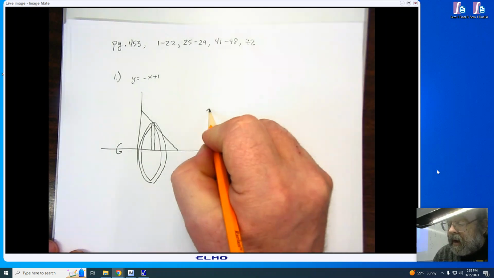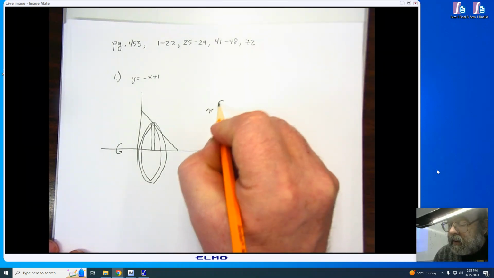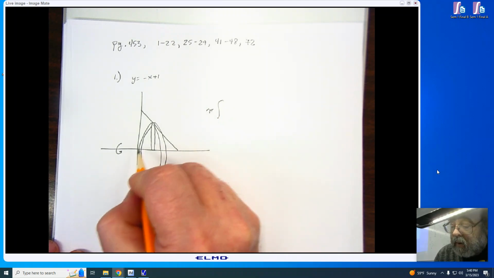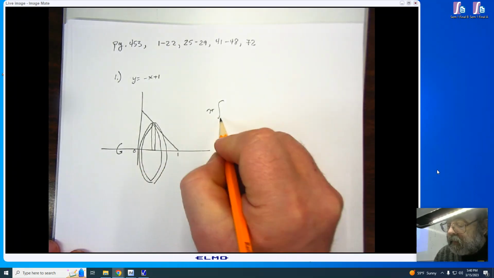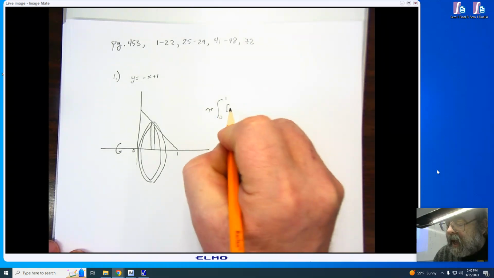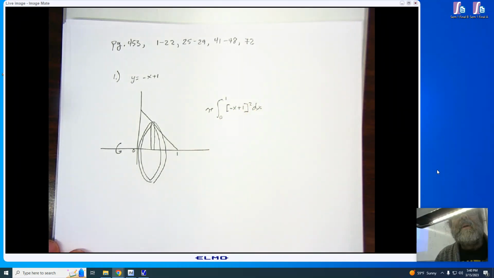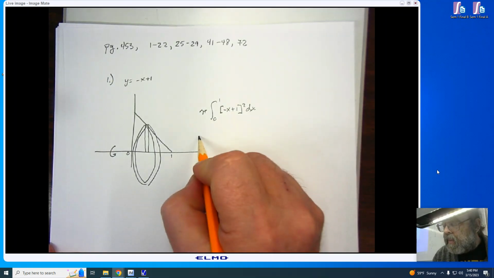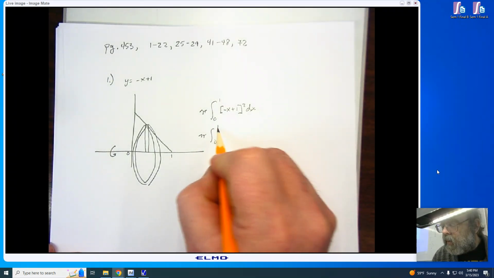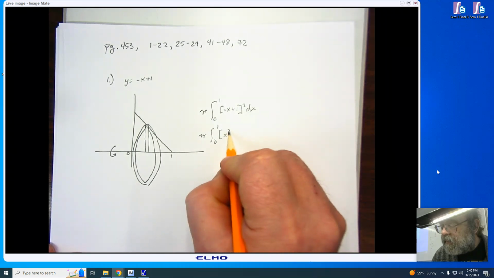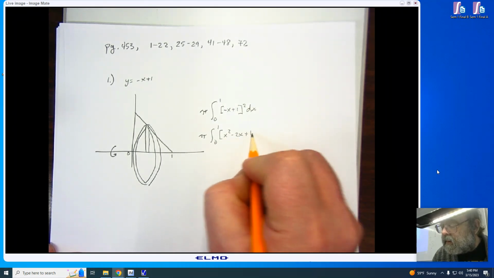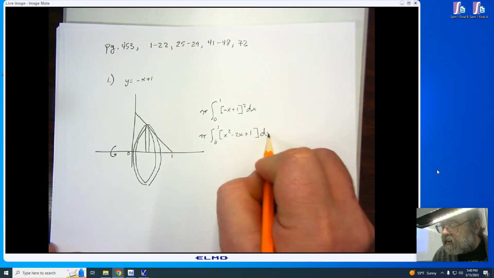And so we are looking at pi integration, going from 0 to 1, and we're putting in negative x plus 1, the quantity squared, dx. This is giving me pi integration 0 to 1 for x squared minus 2x plus 1 dx.